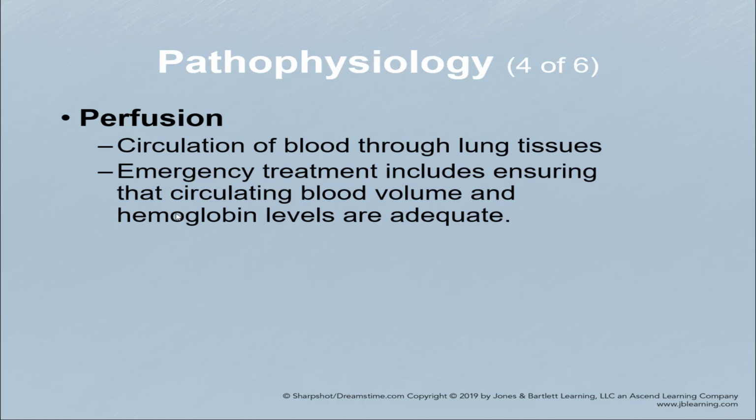Perfusion. Perfusion is the circulation of blood through the lung tissue or the capillary beds. For this process to occur, the following must be intact. One, we must have adequate blood volume. We must have adequate hemoglobin concentrations in the blood, because what does hemoglobin do? It carries the oxygen, right?